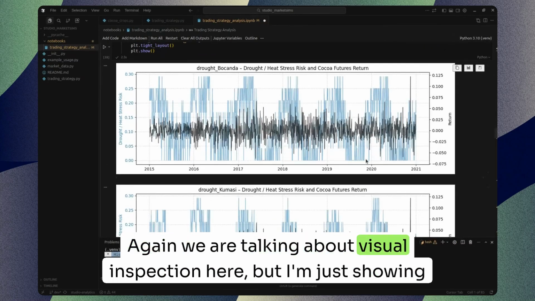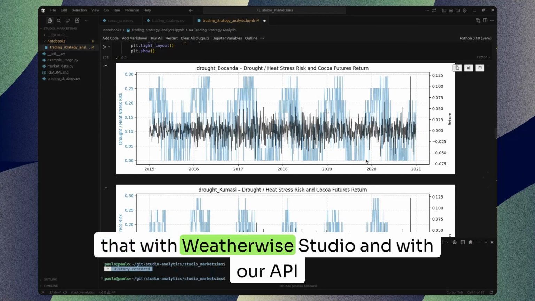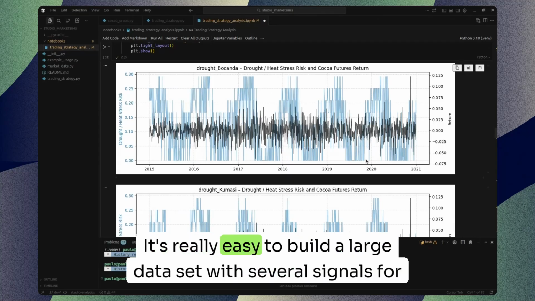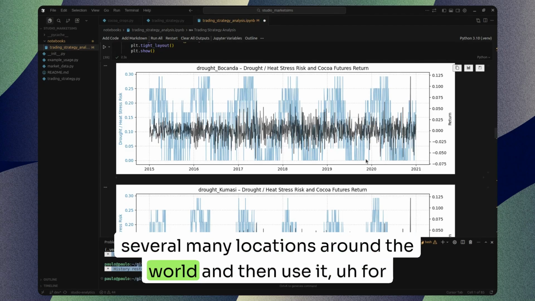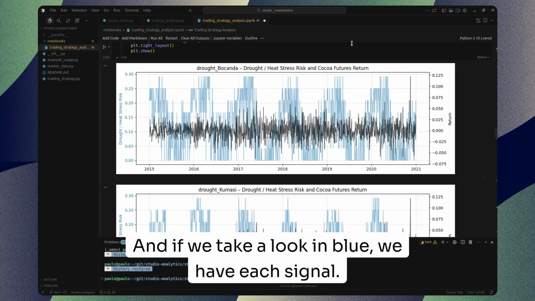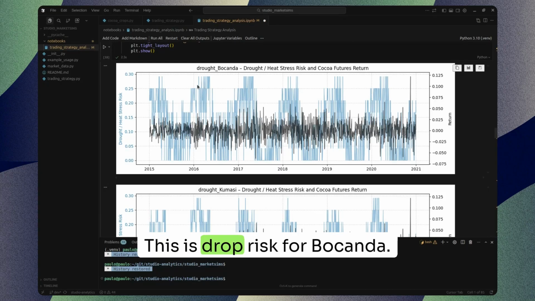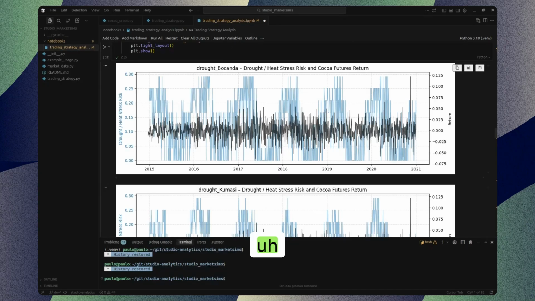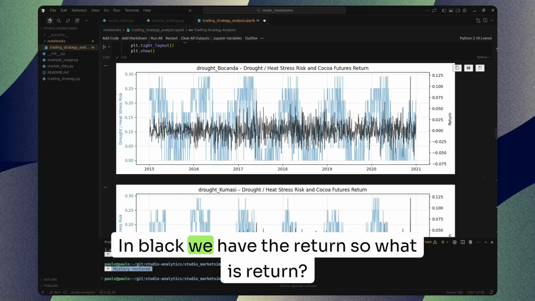Again, we are talking about visual inspection here, but I'm just showing that with WeatherWise Studio and with our API, it's really easy to build a large data set with several signals for many locations around the world, and then use it, in this case, to try and predict price movements. If we take a look, in blue we have each signal. This is drought risk for Bocanda, and in black we have the return.